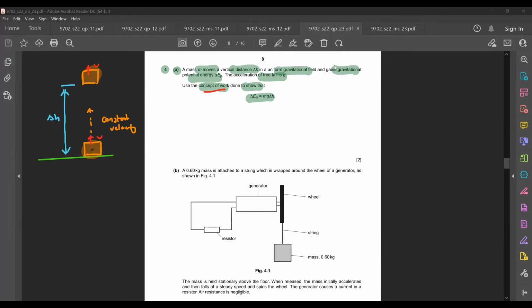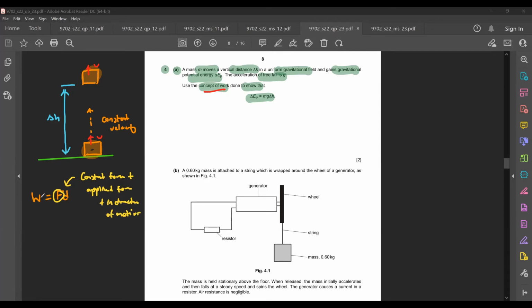If you want to make use of the concept of work done, this one, remember, was W equals FD, right? The work done is the product of force and the distance moved in the direction of the force. So in your case here, that time we mentioned to you that F must be a constant force and it must be an applied force and it must be in the direction of motion.